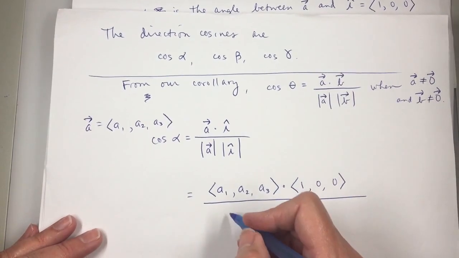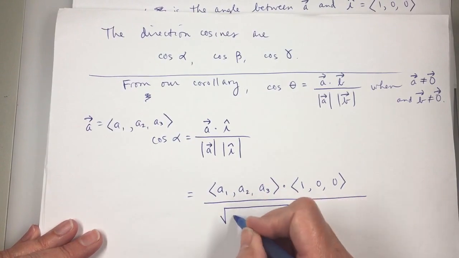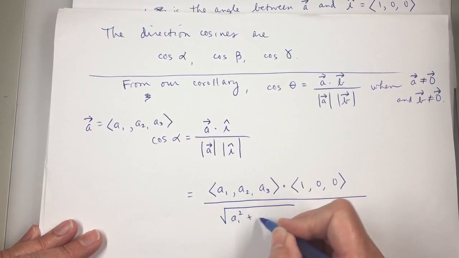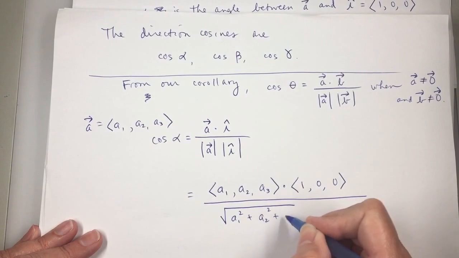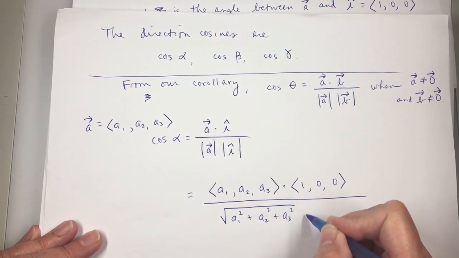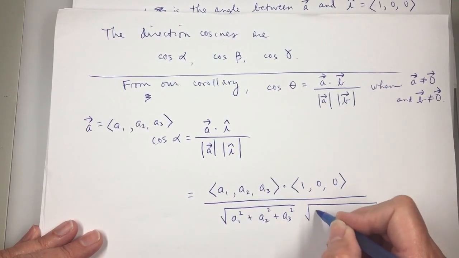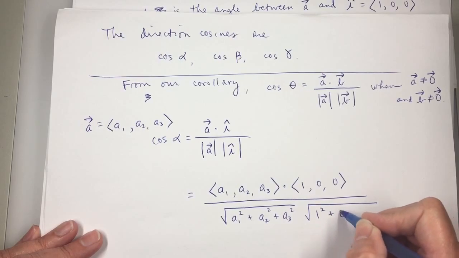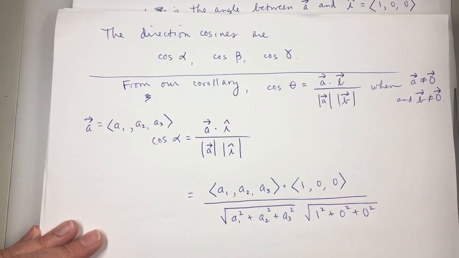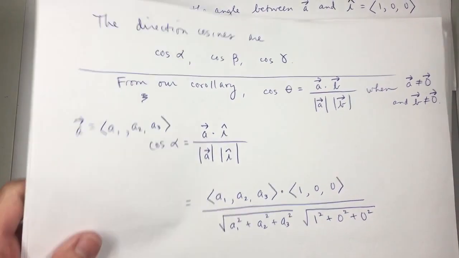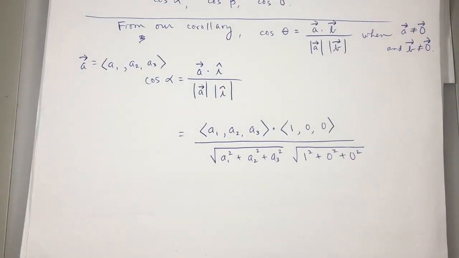The magnitude of A is the square root of A sub 1 squared plus A sub 2 squared plus A sub 3 squared. The magnitude of I is the square root of 1 squared. So do the sums and do the square root. In fact, can you tell what that's going to be?